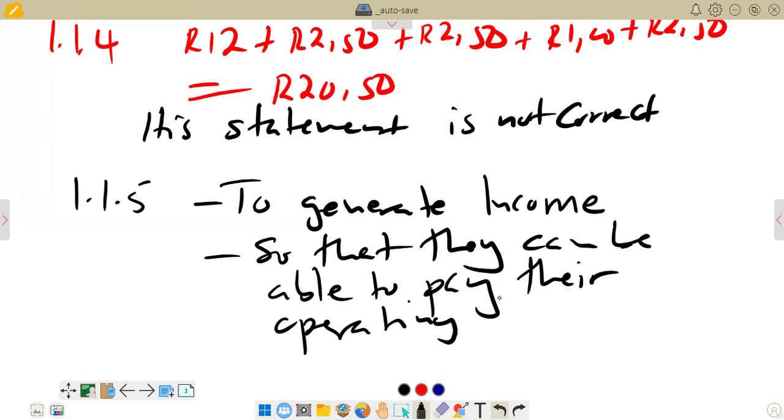So that they can be able to pay their operating expenses. For example, payment of wages and salaries can also be an operating expense. So that's the reason why they charge those fees, so that they can receive income and use that income to pay for their operating expenses.